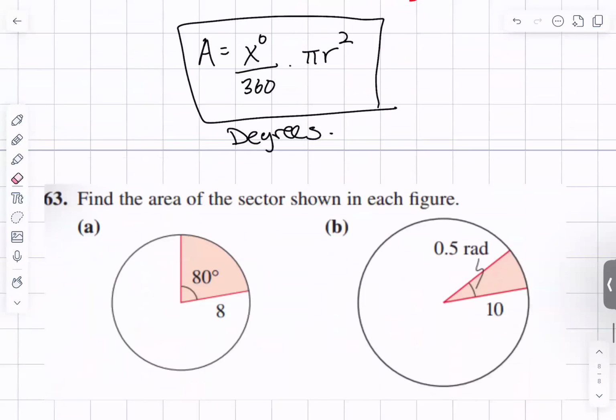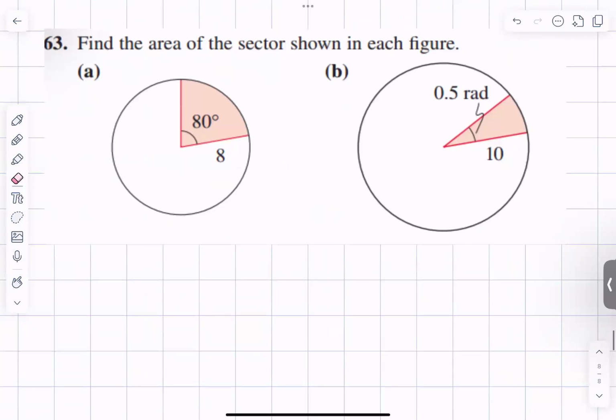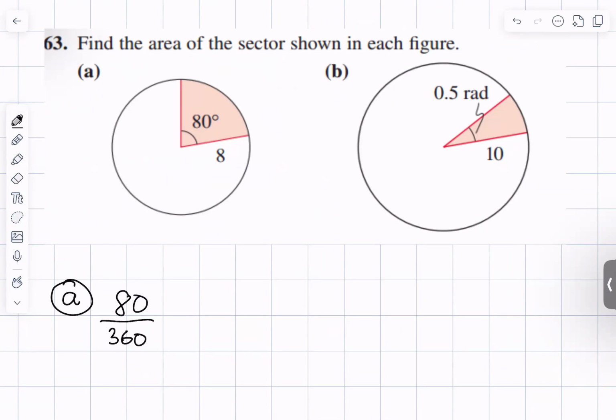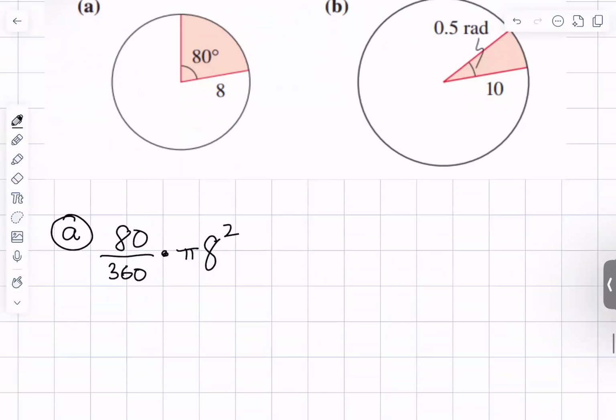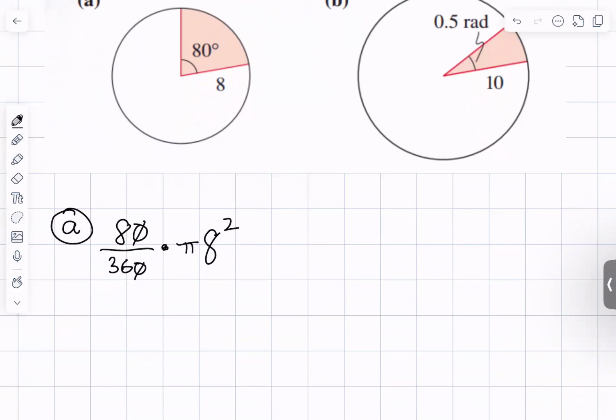Cool. So if we figure out 63, part A, it's in terms of degrees. So just leave it in terms of degrees then. 80 divided by 360, that's the ratio of the circle that we want, right? 80 degrees and the whole thing is 360, times pi r squared, which is 8 squared. So this would be 8/36.